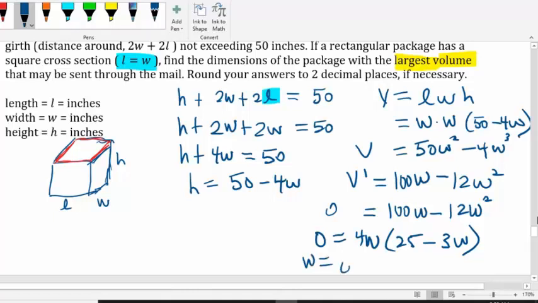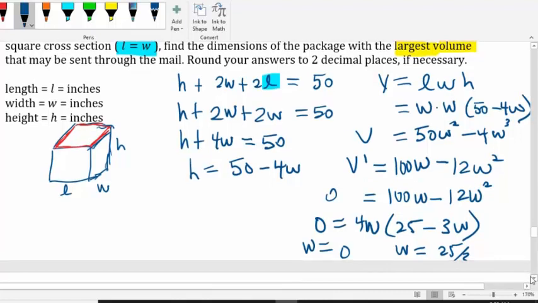W is 0. The other one, we set this other factor equal to 0, and we get 25 minus 3W equals 0, so W equals 25 thirds. Now it does say we can round our answer to 2 places. So 25 thirds is 8 1/3, so 8.33 rounded.